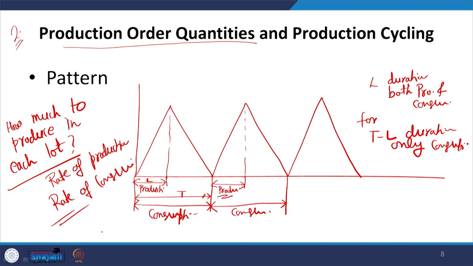So, you need to produce in your L period so much that you can complete the consumption of T minus L period also. So, how much to produce in that particular period so that you can complete the cycle of T period.